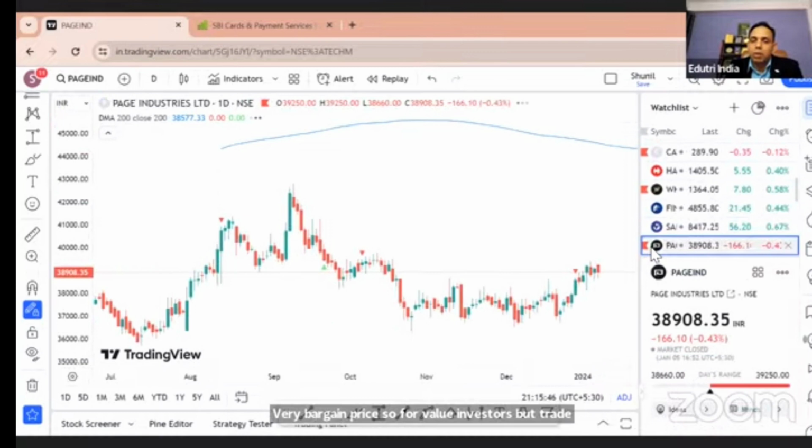Now let's know about the usage of DMA for the investors. For the value investor, if the DMA of a company is very high compared to the market price, that is, the difference between the DMA and the market price is very high, then this is an entering point for the value investor, and he will invest at those levels because he knows that the price will come up to there in some days.